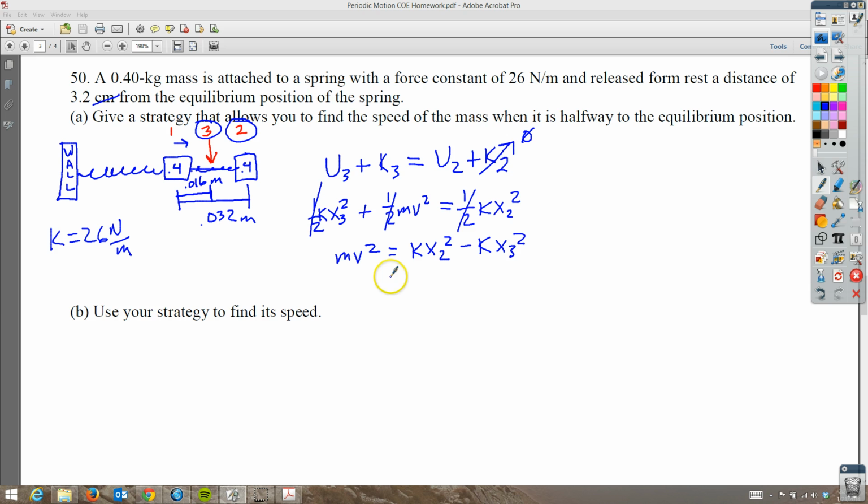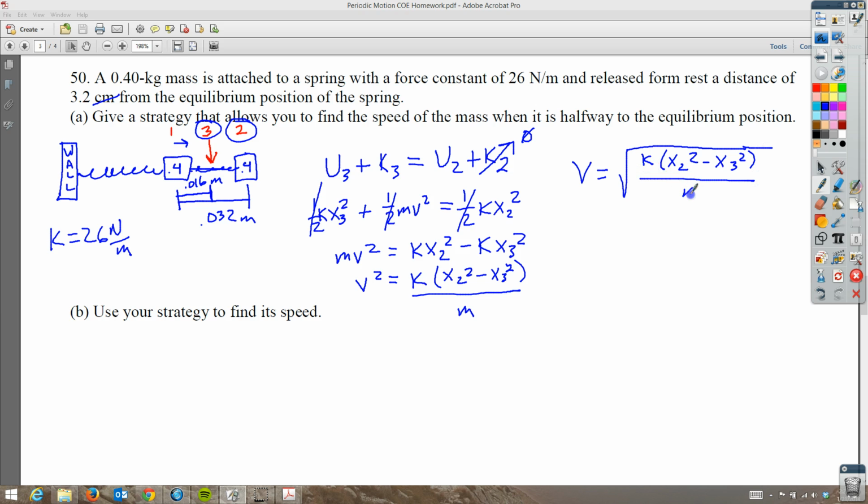We could factor out the k's, and we can divide by m, so v squared is equal to k times x2 squared minus x3 squared, over m. And at this point, we could just say that v is equal to the square root of k times x2 squared minus x3 squared, divided by m.